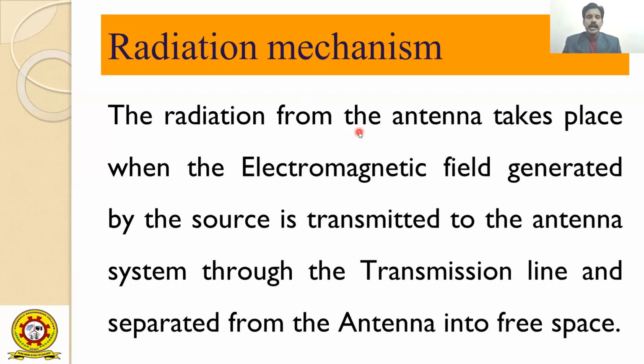Radiation from an antenna takes place when an electromagnetic field generated by the source is transmitted to the antenna through the transmission line and separated from the antenna into free space.